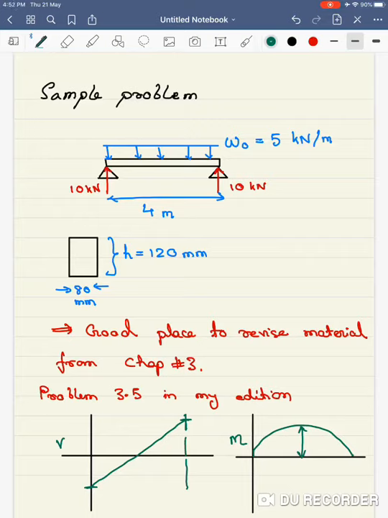And this high point is given to you as M max, which was W naught L squared by 8.